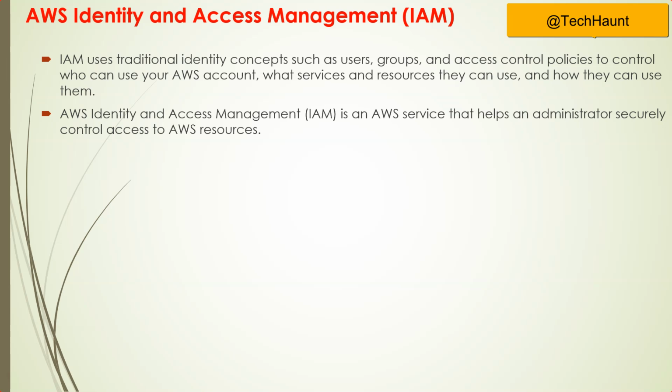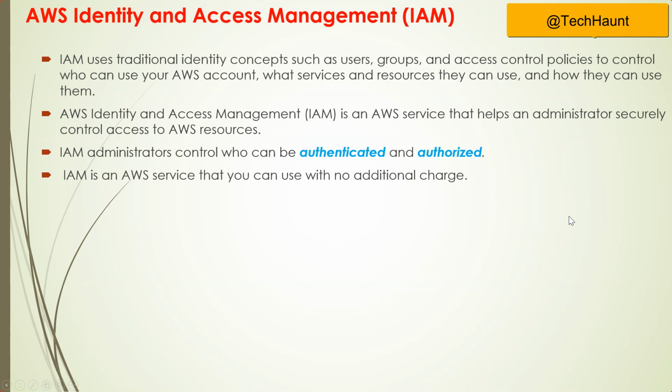IAM is an AWS service that helps an administrator securely control access to AWS resources. IAM administrators control who can be authenticated and who can be authorized to use the services. IAM is an AWS service that you can use with no additional charge.